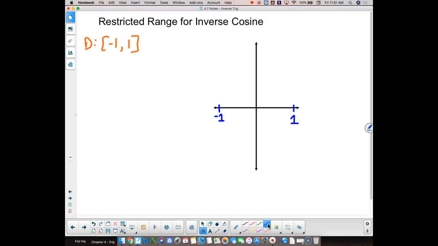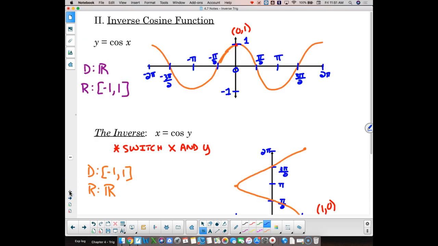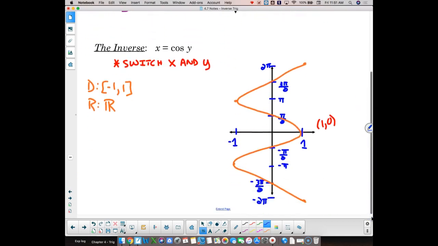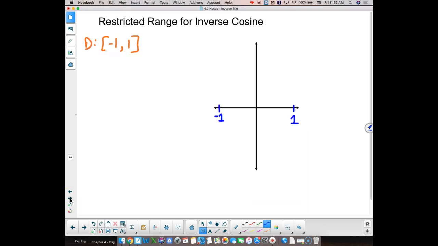But now what I need to do is I need to look at this one and I need to pick the best, nicest, if you will, section of the graph that gives me all the values from -1 to +1. And so what we do is we pick this section.